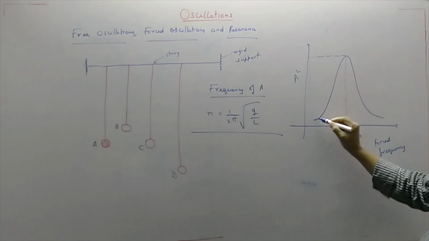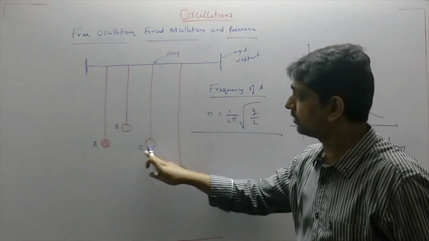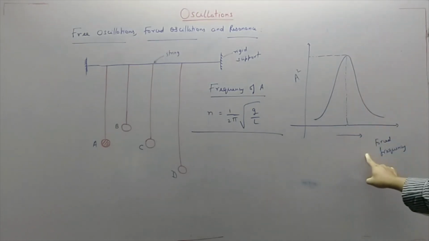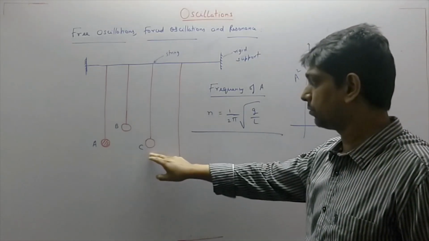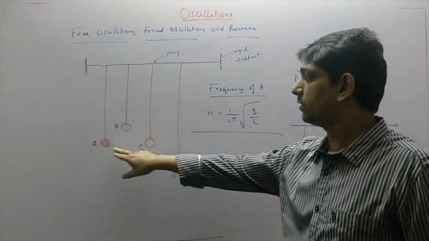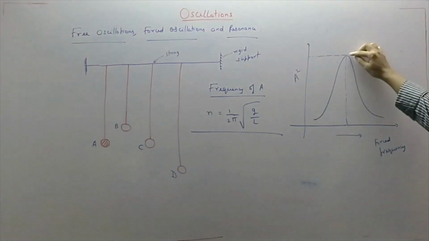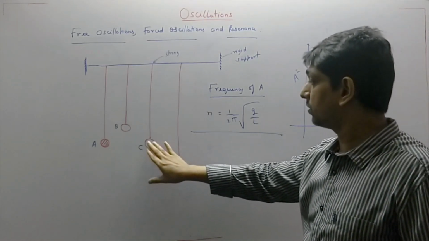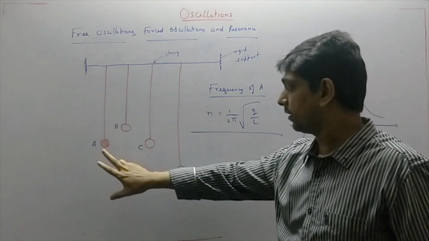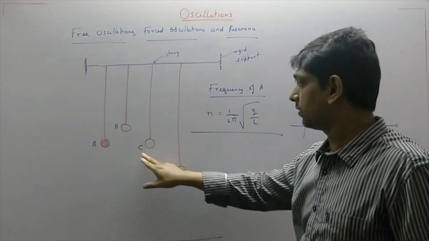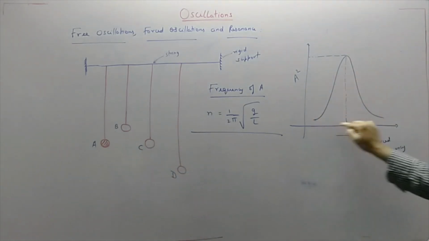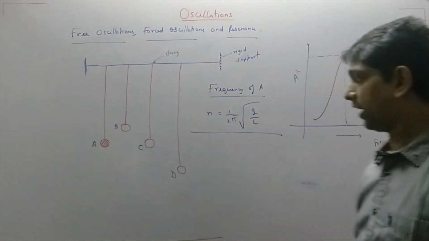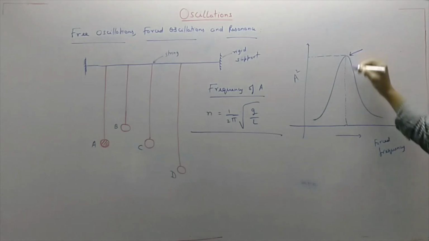After some time you will see the amplitude of C is the same as the amplitude of A. The peak occurs when the forced frequency that is applied to C due to A matches the natural frequency of A. When forced oscillation is given due to A, C starts oscillating with some particular frequency, and this peak is going to occur when the forced frequency matches the frequency of A.